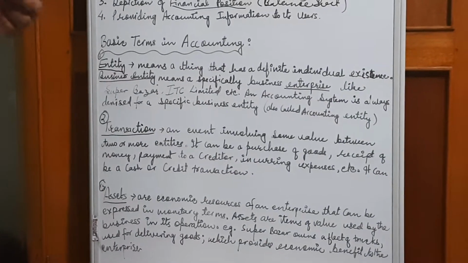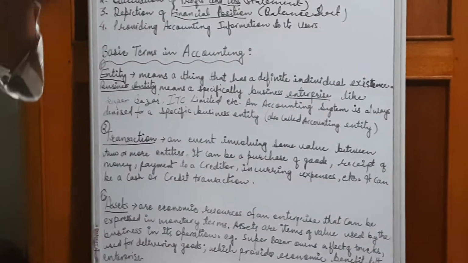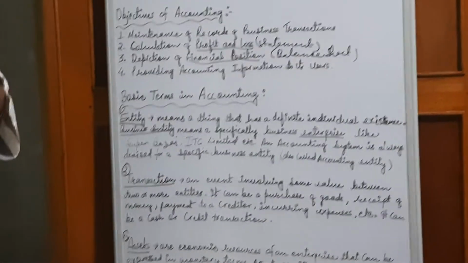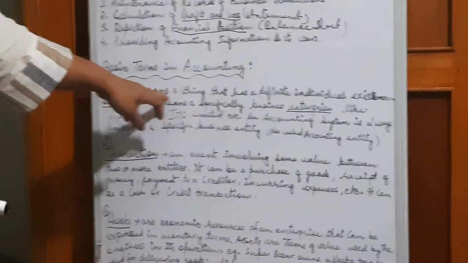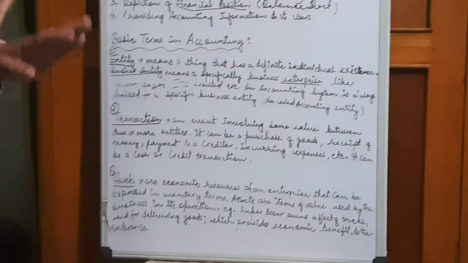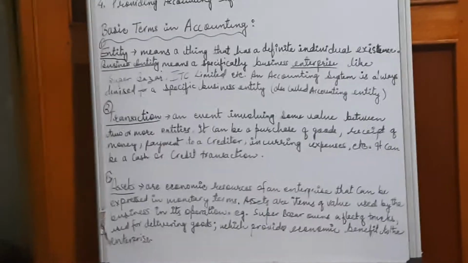Individual identity. Okay, existence. Like if you are Puspa, then you are Puspa, isn't it? Commerce, 11, Puspa. It means you have got your identity in the school. Similarly, see, entity means a thing that has a definite individual existence. Okay, it is not similar with any other existence. It has its own individual existence.